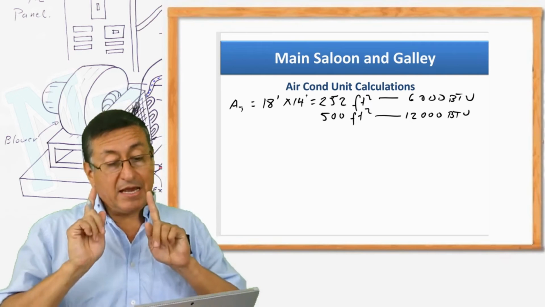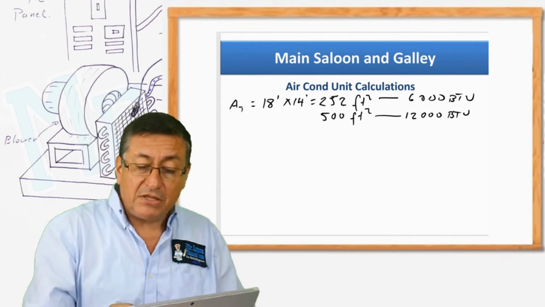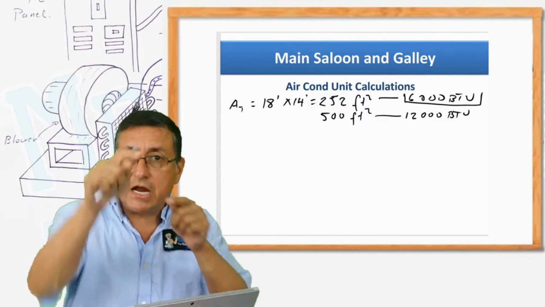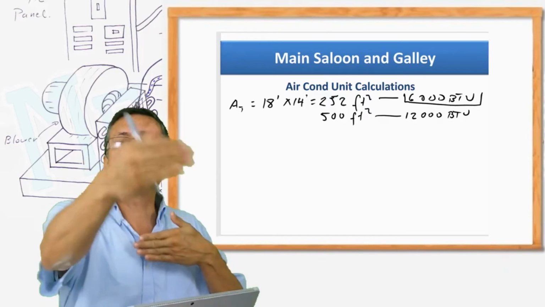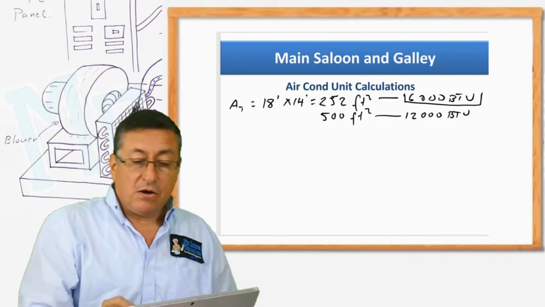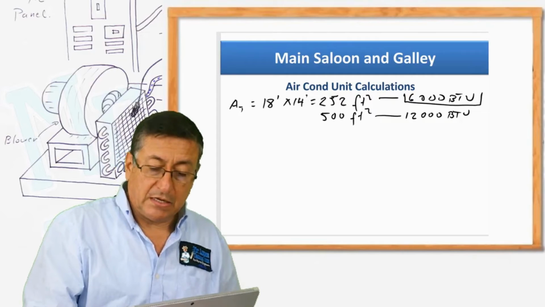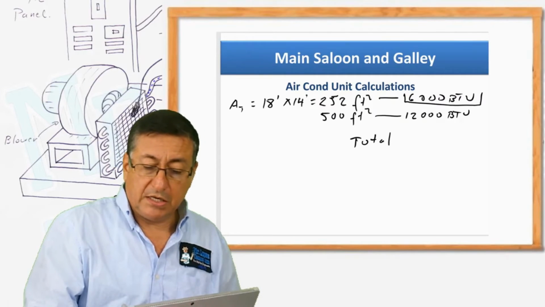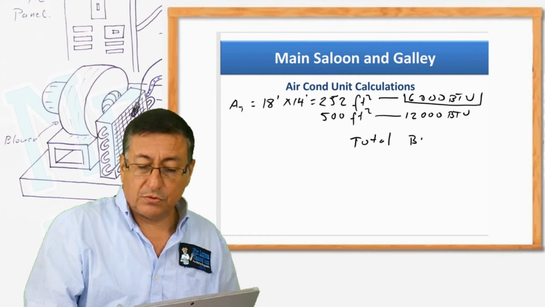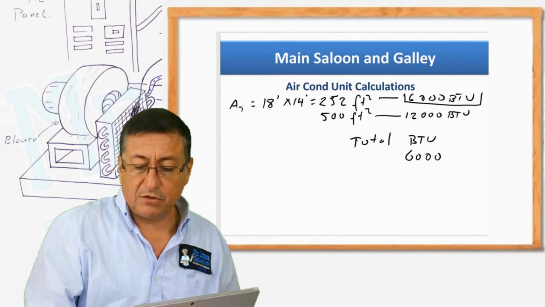Right now I have 6,000 BTUs only because of the area, 18 times 14. The total BTUs, we are going to add here. The total BTUs will be 6,000 BTUs because of the area.